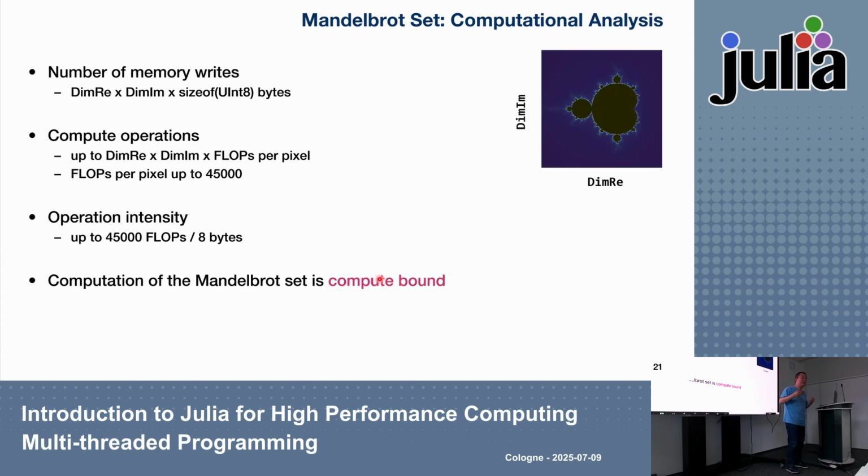In computer science, if this calculation is compute bound, this means in theory, if you have more and more CPU cores, you can improve the performance continuously because it's bound by the computation capability. Otherwise, if the calculation is bound by memory transfer, then by using more and more CPU cores, you get nothing because the bottleneck is the memory. Here we are lucky, this is compute bound, which means if we use more and more CPU cores, we will have better and better performance.